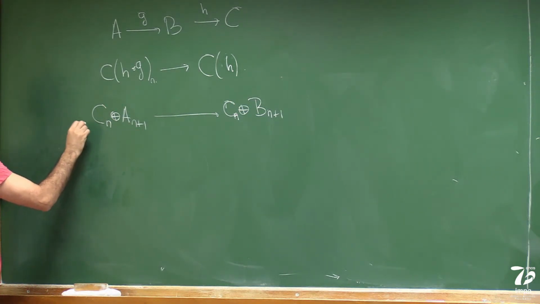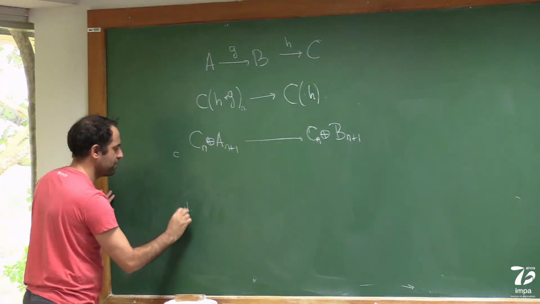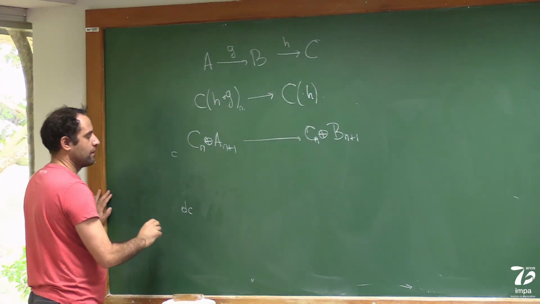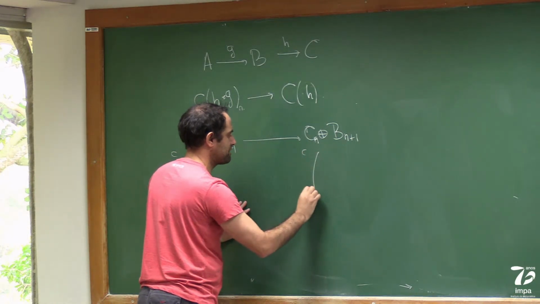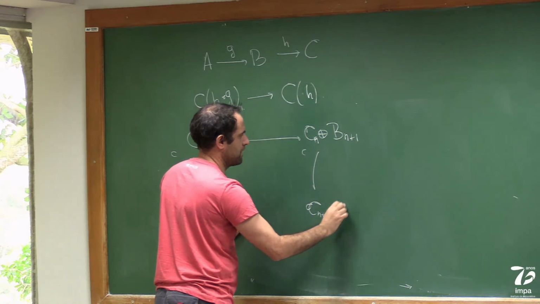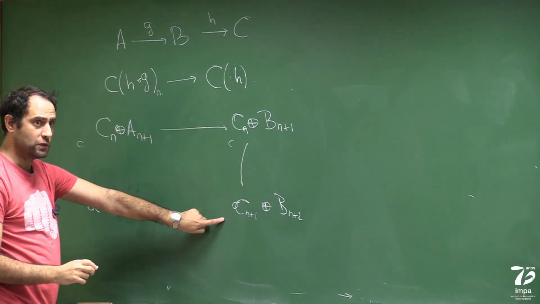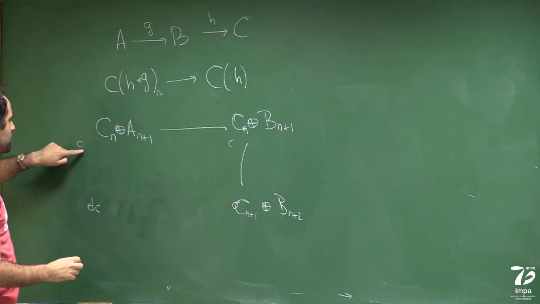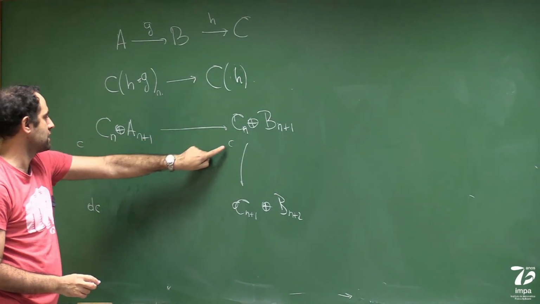So again, if I have a C here, it maps to D of C, and I want to map it here. And if I have a C here, it maps by the differential to D of C on Cn+1 plus Bn+2. And I would want this map to commute. And well, you see that if you just send Cn to Cn, that's good enough.